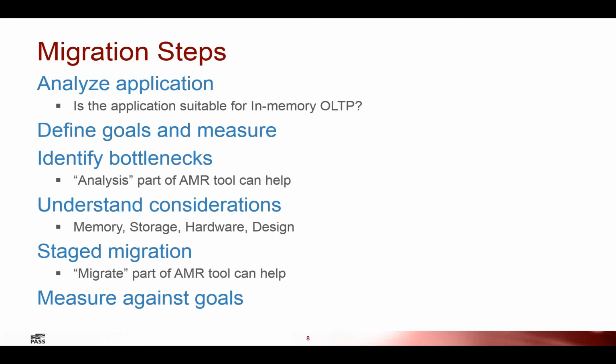So this is basically a target. For example, I want my application to be 20, 30, 50% faster, or I want my latency to be within 10 milliseconds.